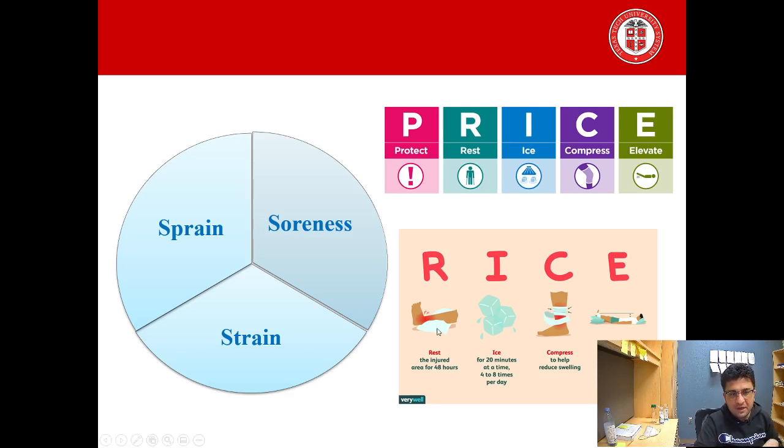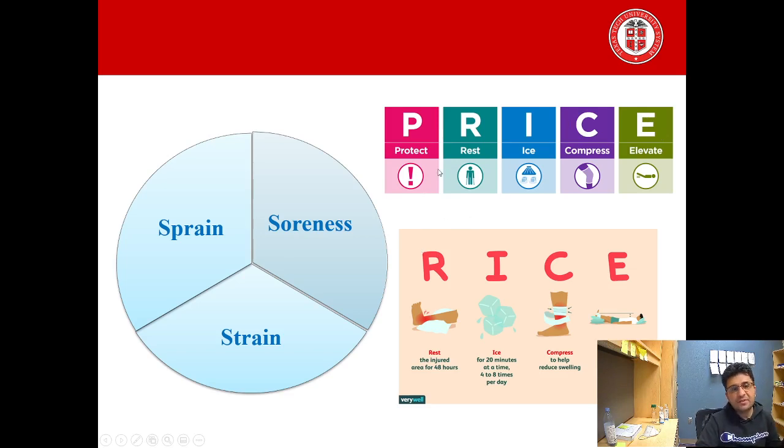And if there is an injury, because of the inflammation, a lot of fluid seeps from the blood into the surrounding subcutaneous tissue, and you have swelling there. So it's because of the inflammatory cells and the inflammatory reaction at the site of injury which leads to the accumulation of fluid or edema. So we want to compress it, elevate it, to avoid this from happening.